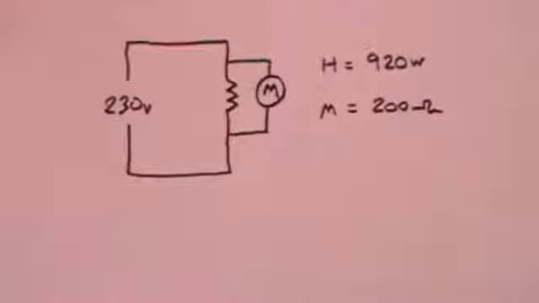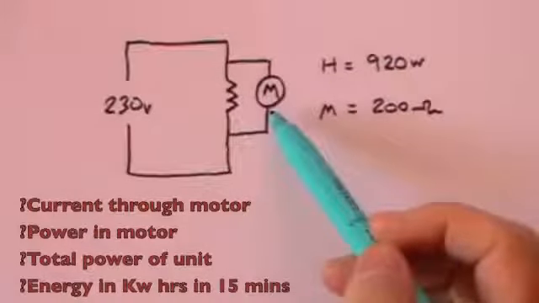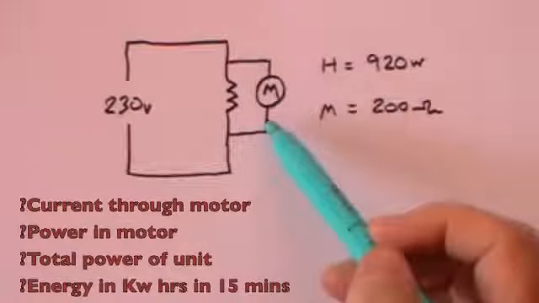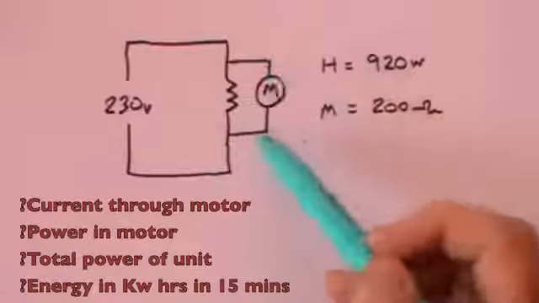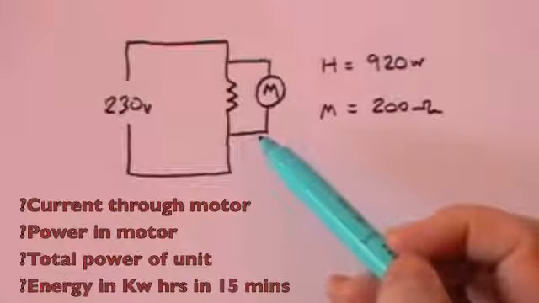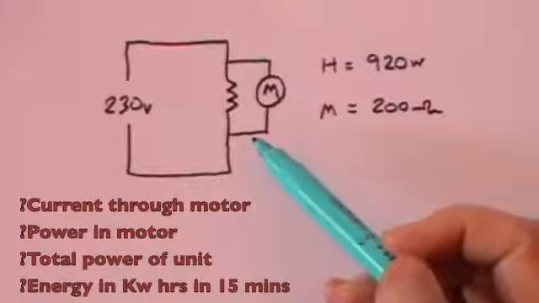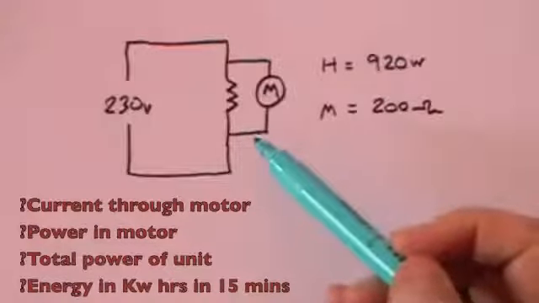And we are asked to identify 4 things. Firstly, what is the current flowing through the motor? Secondly, what is the power in the motor? Thirdly, what is the total power of the entire unit? And fourthly, what is the energy in kilowatt hours in 15 minutes of use of this fan heater?